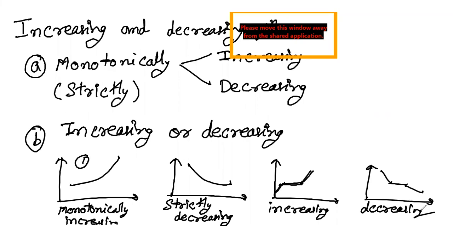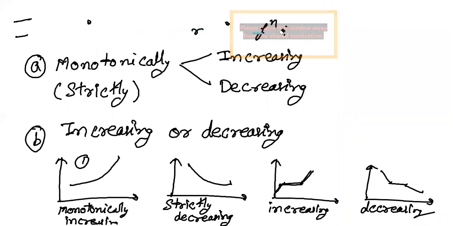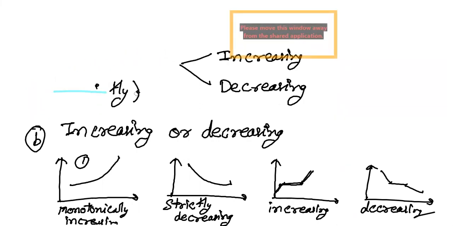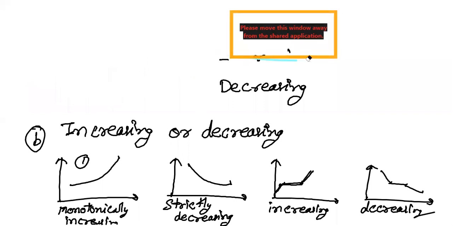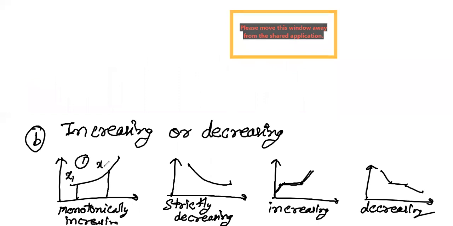So mathematically, how can we present it? I can write it. Monotonically increasing means we have one point x1 and another point x2.